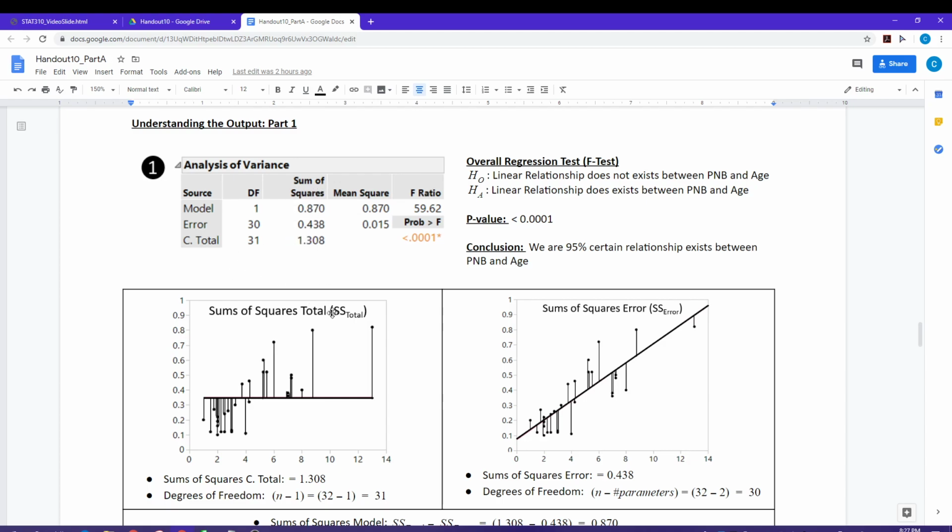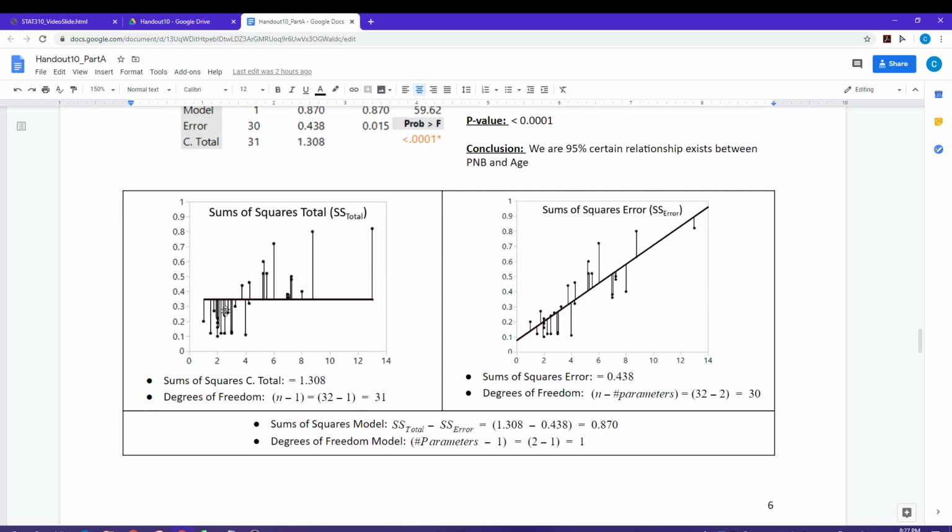The sums of squares total would be the total amount of residual from the mean. So the average here looks like about 0.35. This is the average PNB. So if I took all the lines and just did an average, I would get 0.35 or so. I can compute the residuals from that average.